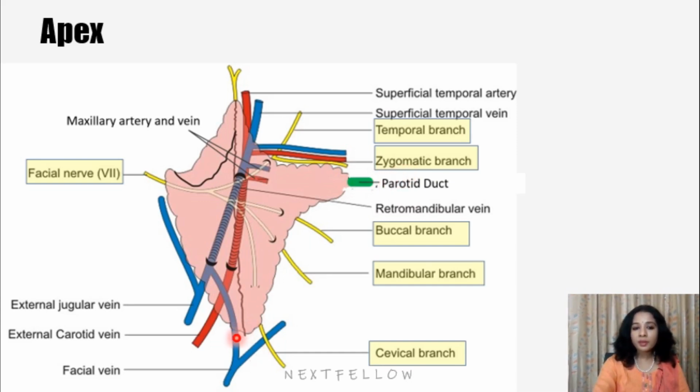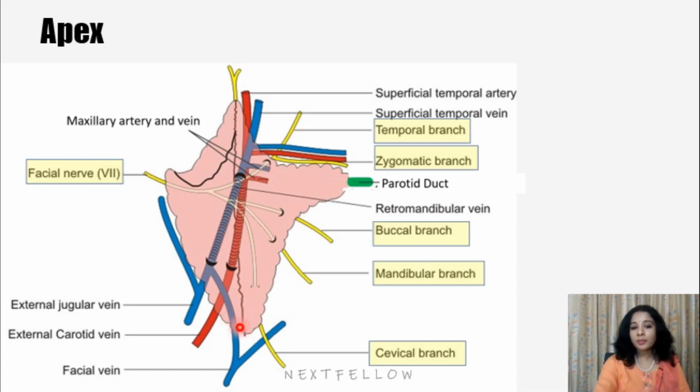From the apex, we see the retromandibular vein divides into an anterior division and a posterior division. The anterior division joins with the facial vein to form the common facial vein. The posterior division joins with the posterior auricular vein to form the external jugular vein. And we can see the facial nerve dividing into branches within the gland itself. So most superficial is the nerve, then the vein, then the artery.